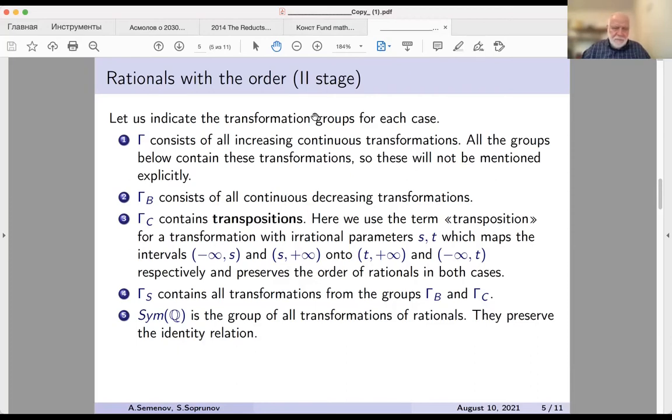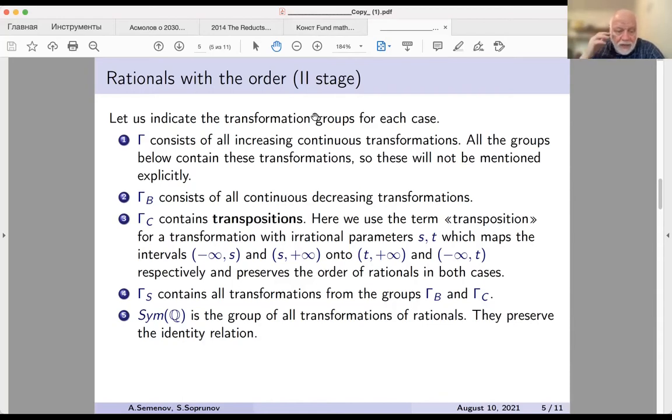This is the group Gamma B. Gamma C contains what can be called transpositions, which means that the graph looks like a shift of the hyperbola, where for two irrational parameters S and T, the map consists of two intervals, on each of which the graph goes increasing.